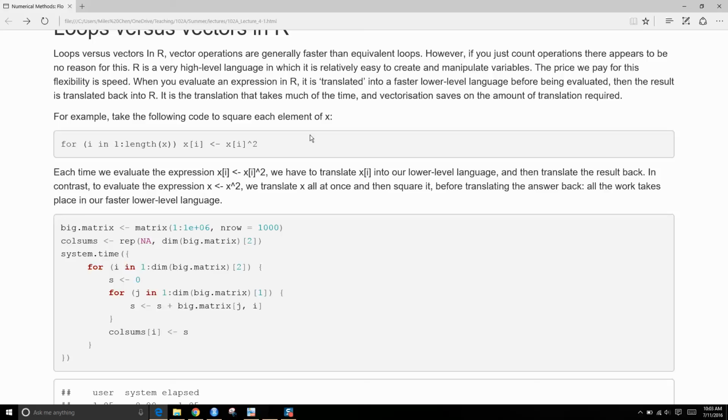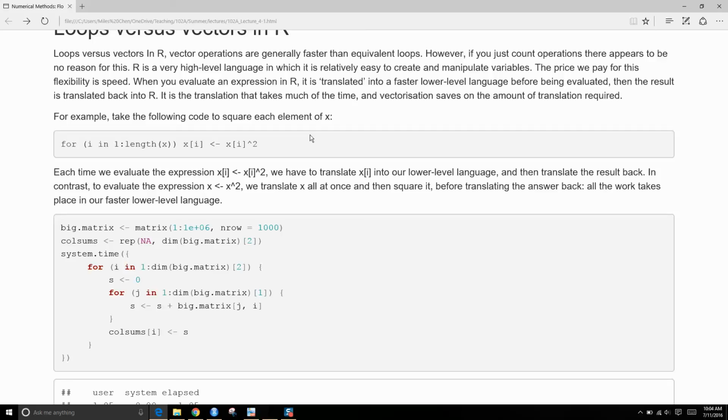But at the base level, the way R is written, it has to do this translation from loop form into computations and then back. And when you give R a command in vectorized form, the translation is easier for R to do, to translate from vectorized form into the tasks that the computer needs to do.